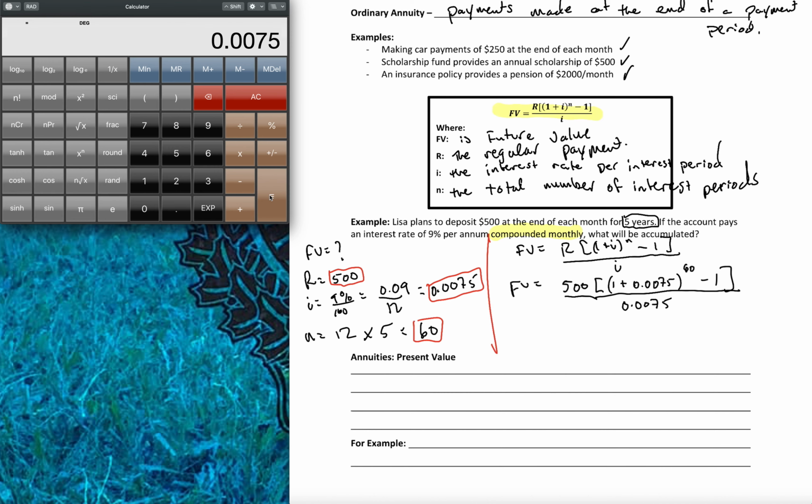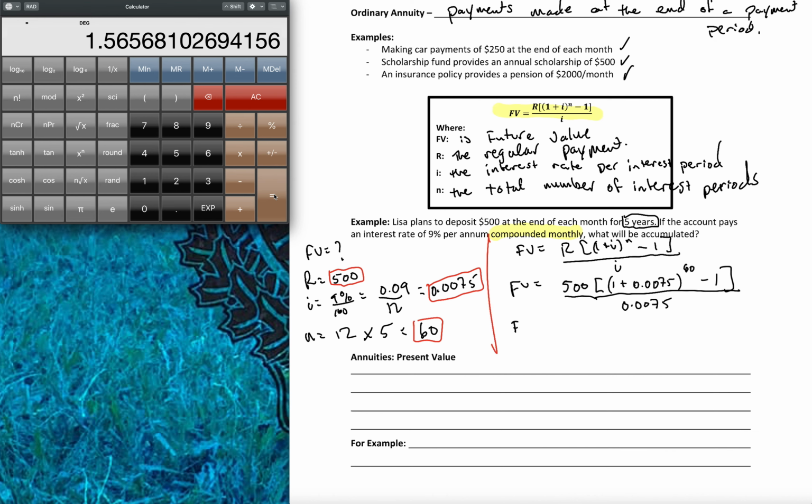Okay, so what we're going to do here is we're going to go 1 plus 0.0075, okay, and that needs to be to the power of 60. So you're going to click your x to the n, to the power of 60, is 1.566, we'll call it, okay.